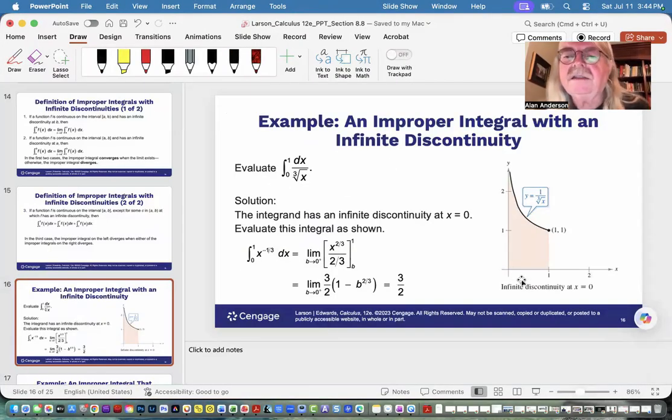And there we are. You can tell by the graph. I mean, it's hard at first to tell by looking at it, but we can see that it ranges from 0 to 1, and this is what we're seeing, and that adds up to 3/2.